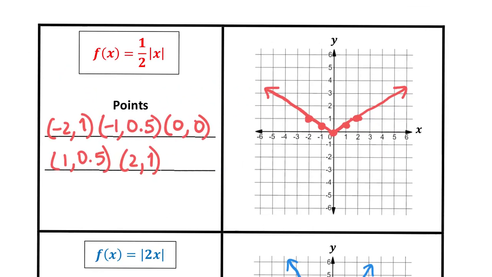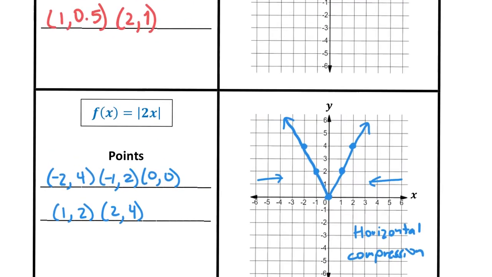Over here, we had vertical compression. So I'm just going to put arrows to show us where it's going. So in the one before, we had vertical compression where it's being pushed downwards towards the x-axis. Okay. Oh, sorry.